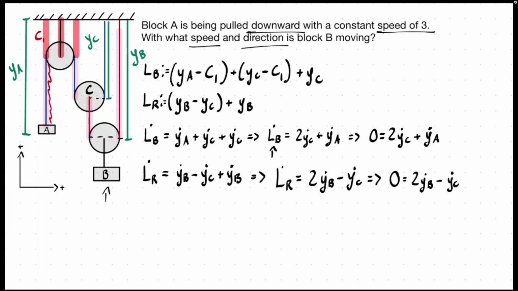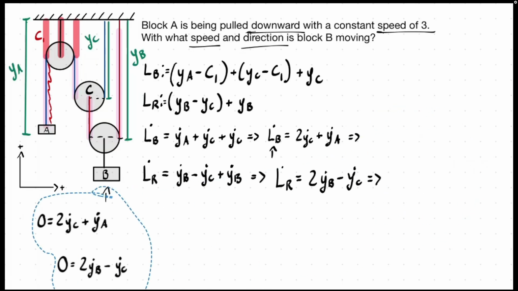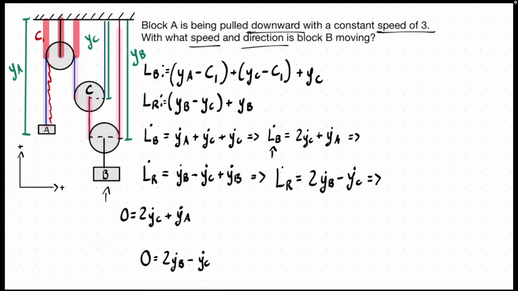All right, and then let's take a look at these two equations, right? So these two equations are actually what we can use to solve. First thing, we're going to try and get them to be equal to each other. So they do have a common term, which is YC dot, right? So let's evaluate both of these equations for YC dot. So I'm going to just drag these to the bottom. So this first equation, right?